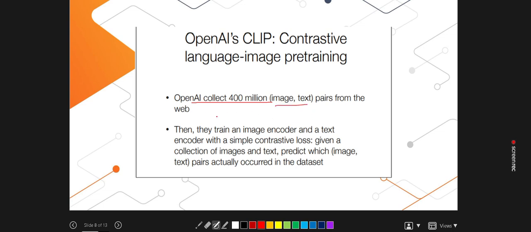They took the images and their captions and built this huge dataset, because it was needed to train a model that could actually work. Then they trained it.